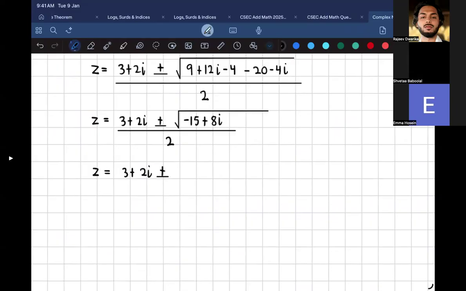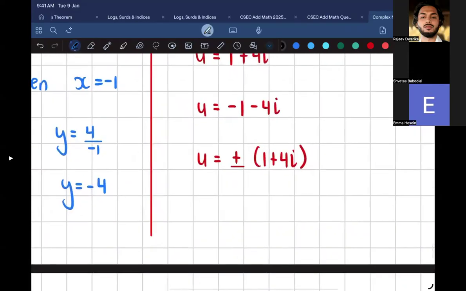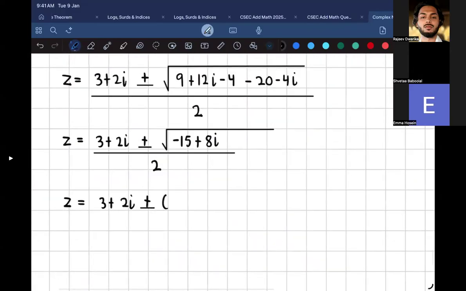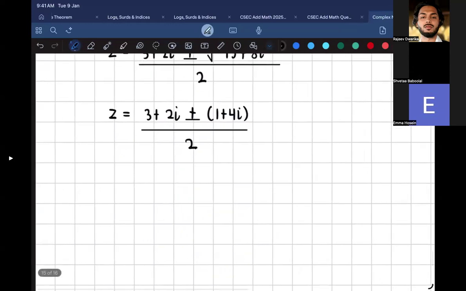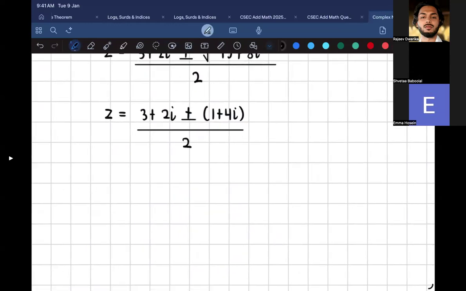We already discovered that. That is plus or minus 1 plus 4i all over 2. So let's look at the positive case. So z will be equal to 3 plus 2i plus 1 plus 4i all over 2.